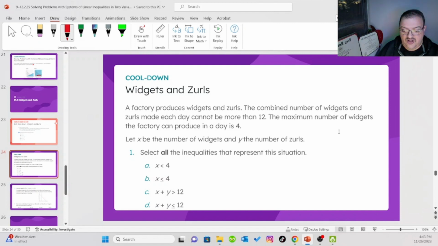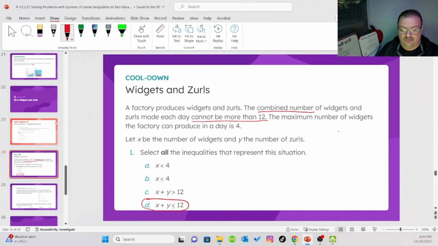So widgets are X and zerls are Y. And the combined number cannot be more than 12. So that would be X plus Y. It could be less than 12. It could be exactly 12, but it cannot be more than 12.